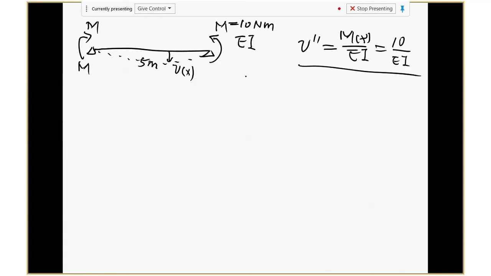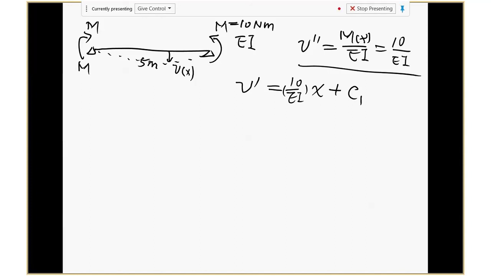On the left side, if you integrate once, you get V prime. On the right, 10 over EI is a constant, like the A, times x, plus a constant, I call it C1. That's according to how we solve a second order differential equation.